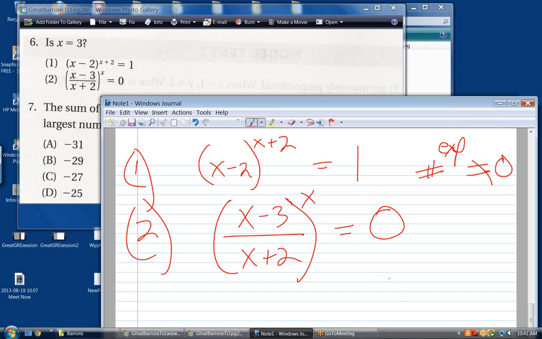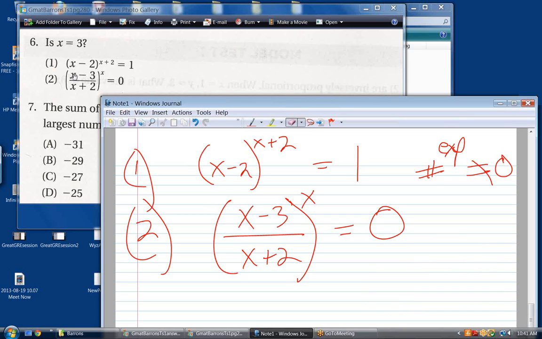If I gave you a number, 5, and I said, well, put an exponent on that and make the whole thing 0, you would not be able to do that. There is no value for x that makes that 0. Okay? So you can't make it equal to 0. So x is definitely not 3.